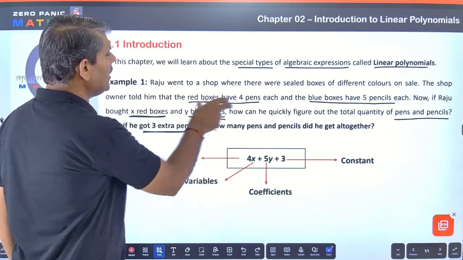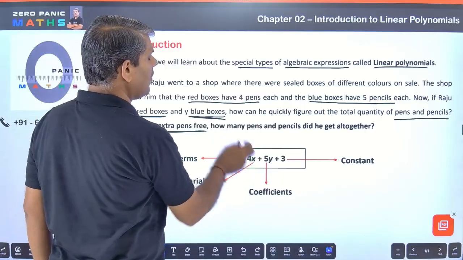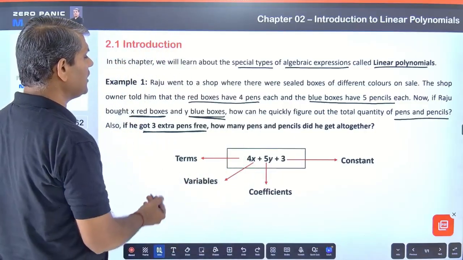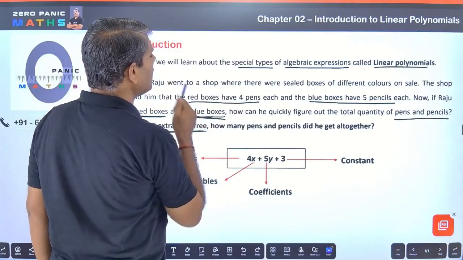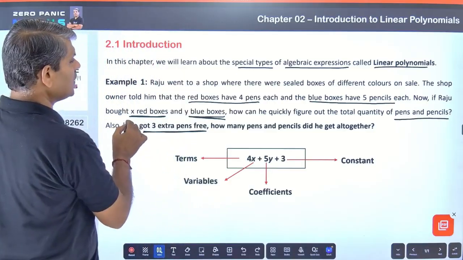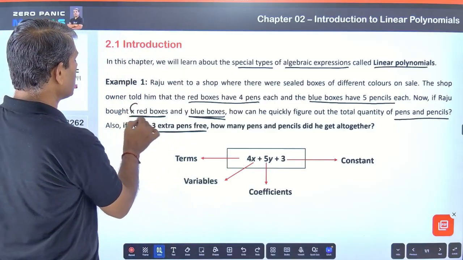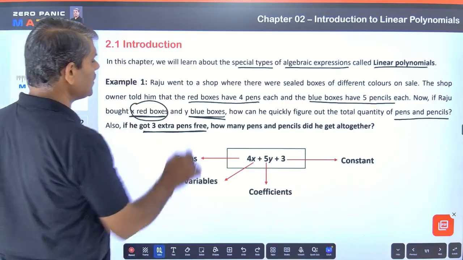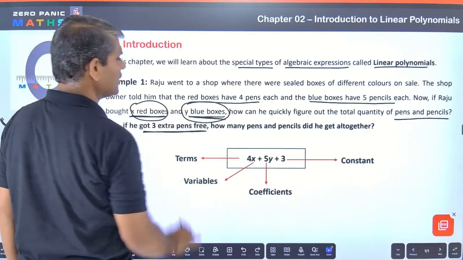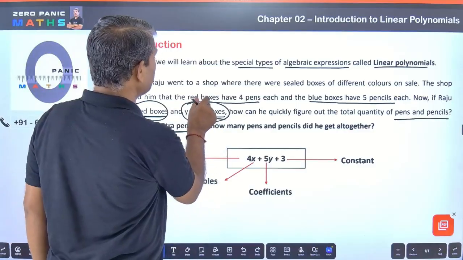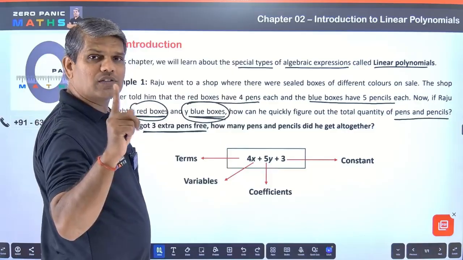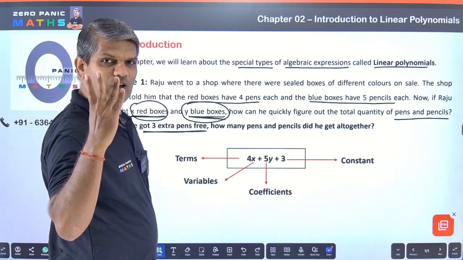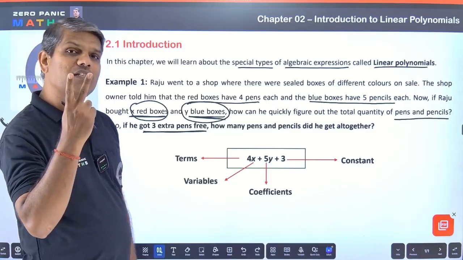So the given information is represented in the form of an expression. How are we representing it? You can see 4 pens in a red box, and how many red boxes did he get? x red boxes, and y blue boxes. Listen to me carefully: if he gets one red box, he will get 4 pens. If he gets 2 red boxes, 8.